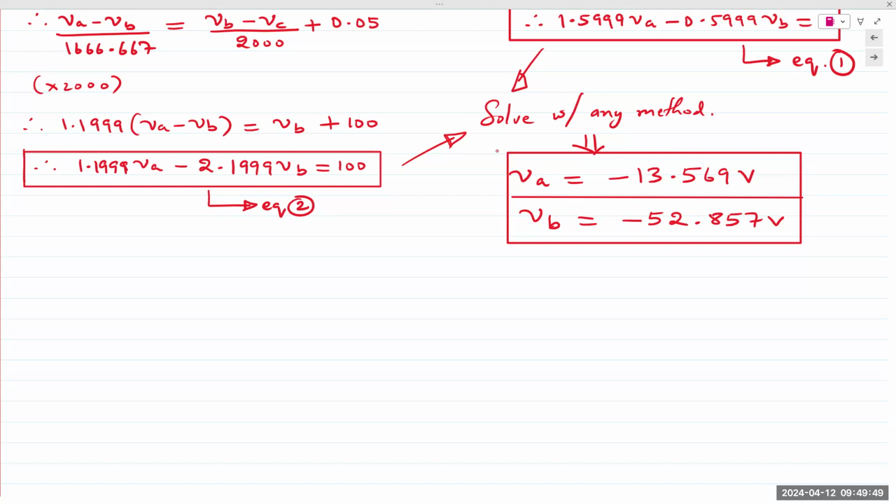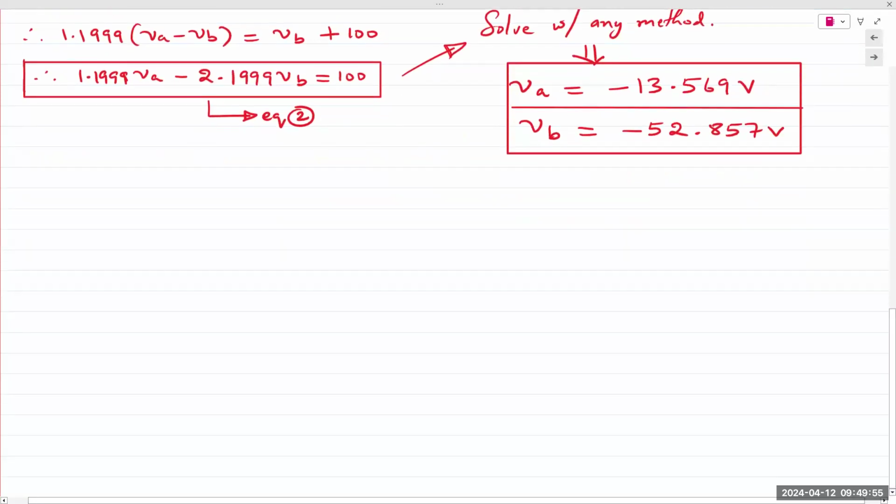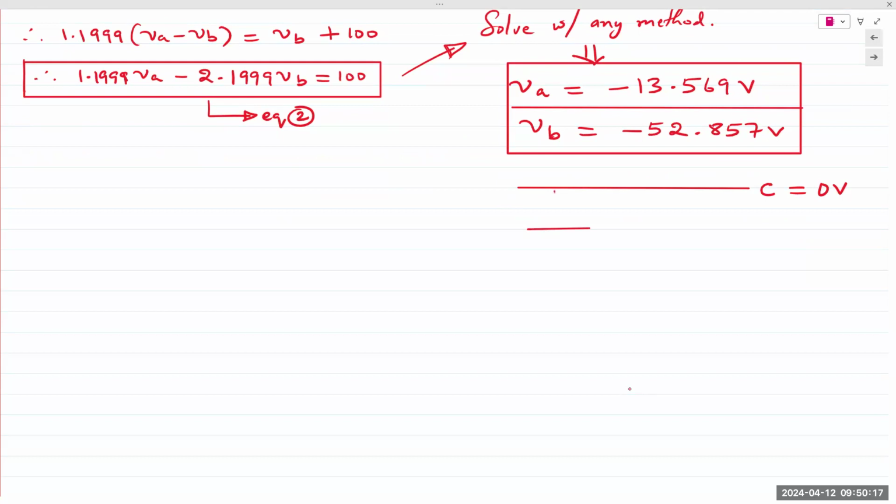And so if I draw a two-dimensional graph and plot these 3 points, I should get something like this. This would be C, which is equal to 0 volts. A would be somewhere here, which is about 13.569 volts below C. There's no minus, it's a graph.